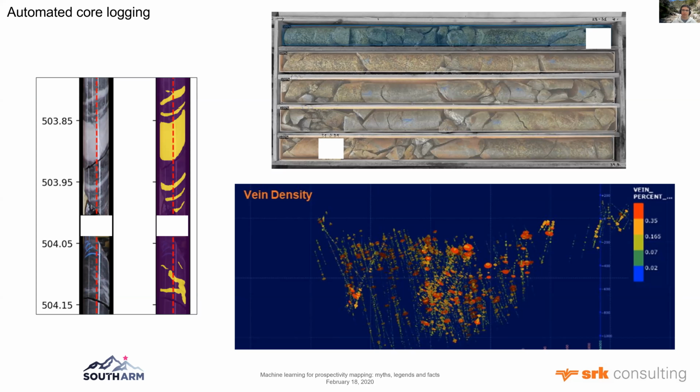His second question is, do you have an example of discovery by this method? Well, I already answered this question. There are a few targets that were successful, with discoveries of significant mineralization, but nothing has become a deposit yet.